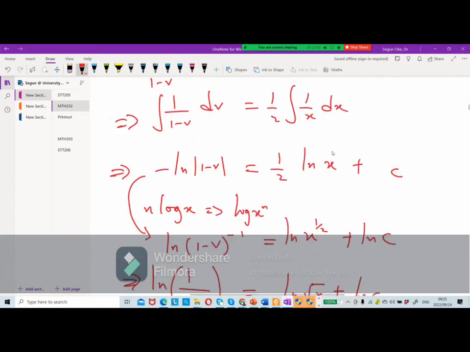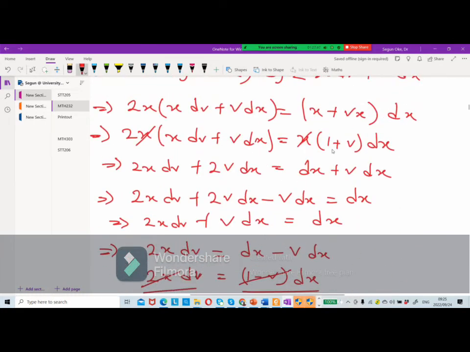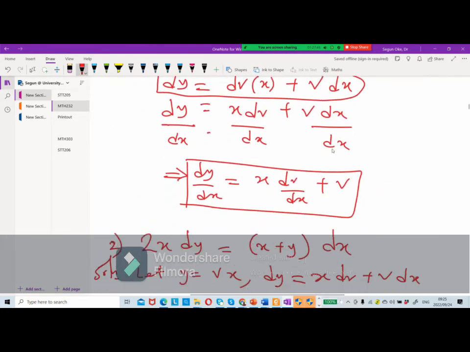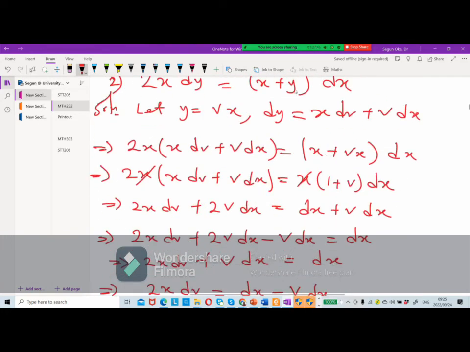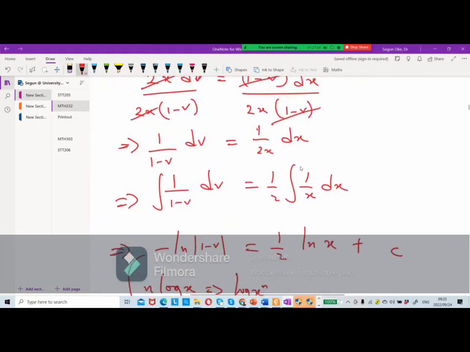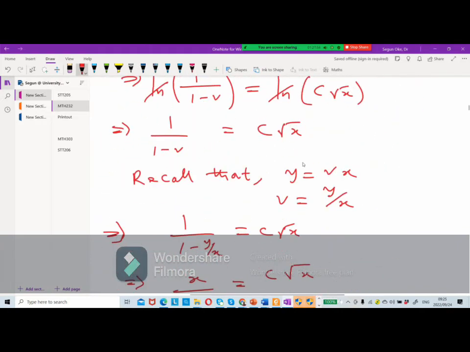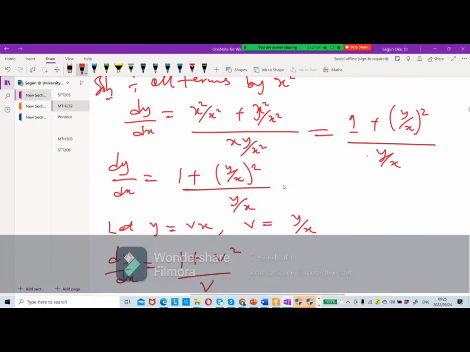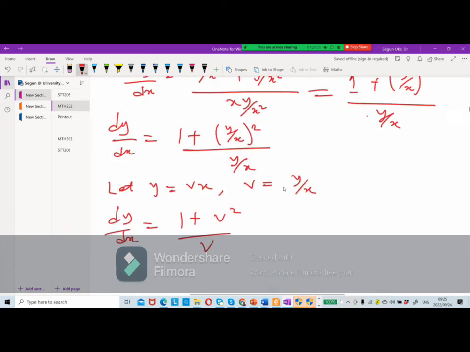But we can easily make everything just Vx. If you divide both sides by 2x dx, where our y would be just Vx, and dy/dx, we just substitute it automatically. So you can see, that was why I was telling you that we have different ways of solving it.